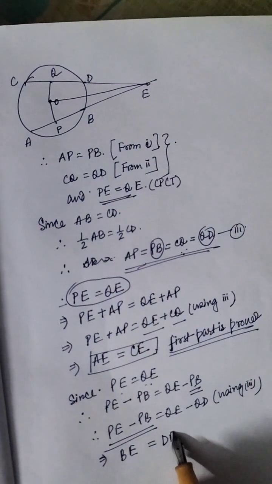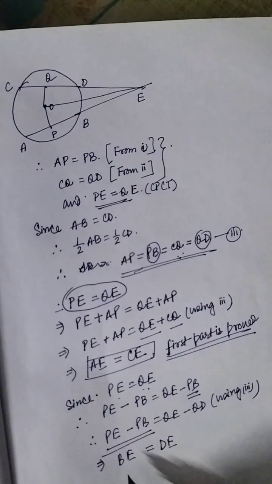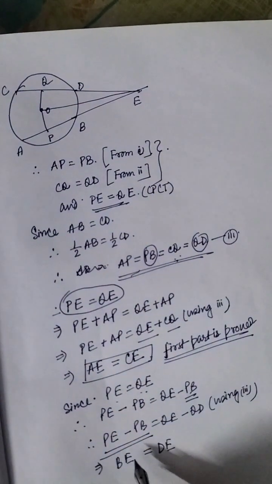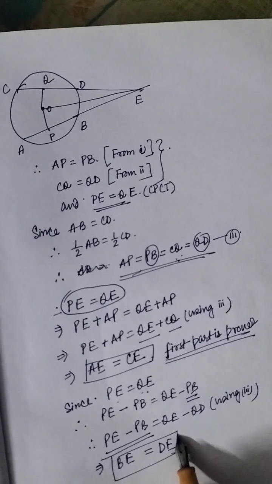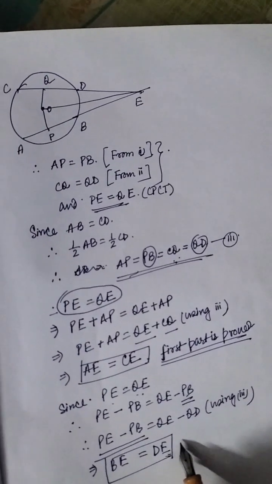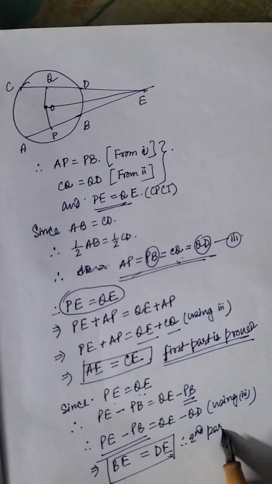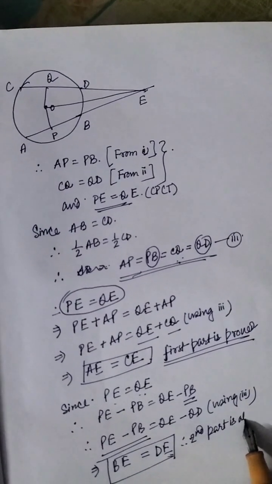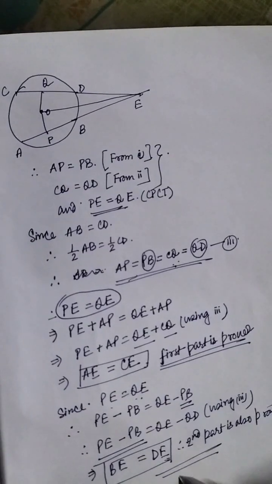And that was the second part, that BE equals DE. That was the second part to be proved. BE equals DE. So the second part is also proved. And hence the entire statement is proved.